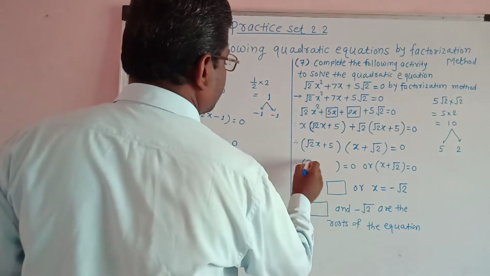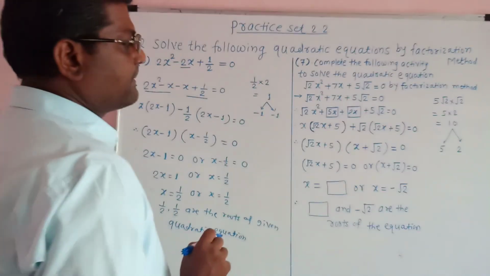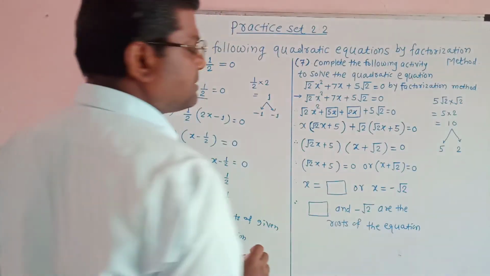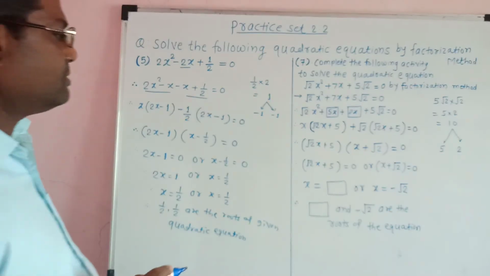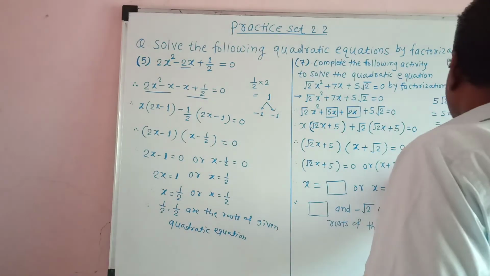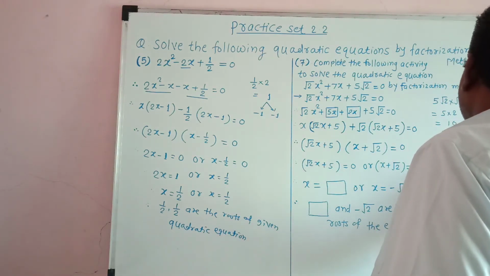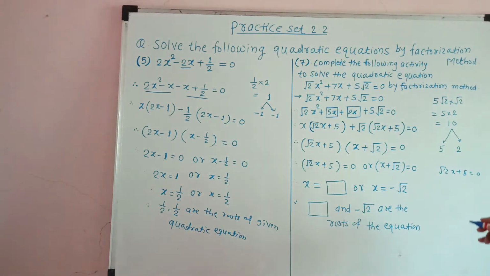Therefore, we write here root 2x plus 5 is equal to 0, or this bracket x plus root 2 is equal to 0. Now here let us see, root 2x plus 5 is equal to 0. Then root 2x is equal to minus 5. Therefore, x is equal to minus 5 upon root 2.